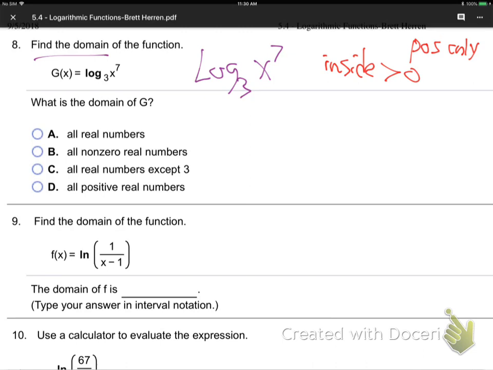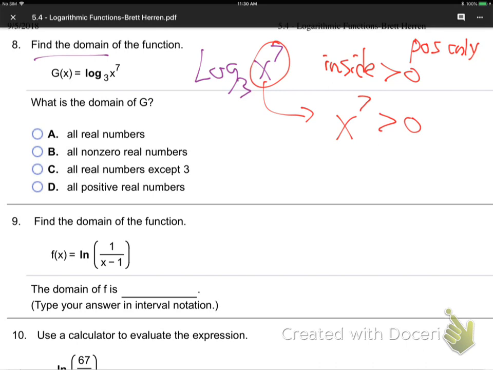What is the inside? Anything after the base. The base is the 3, that's not inside. The whole x to the 7th has to be greater than 0.